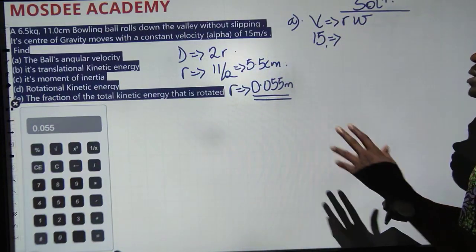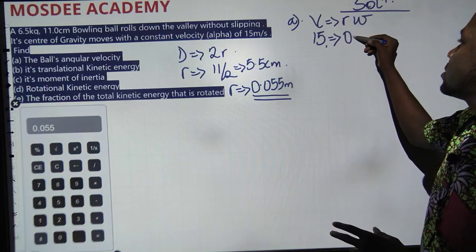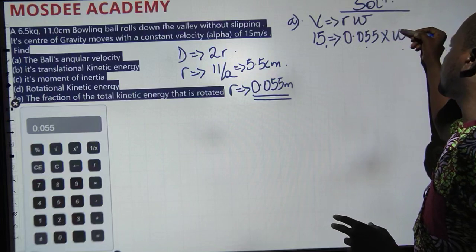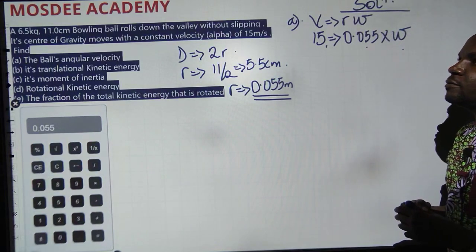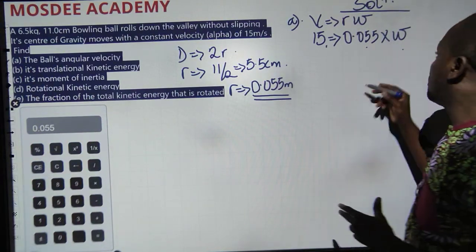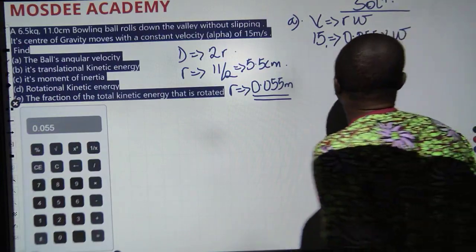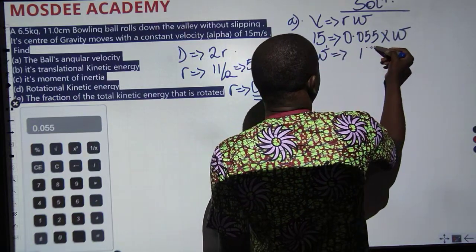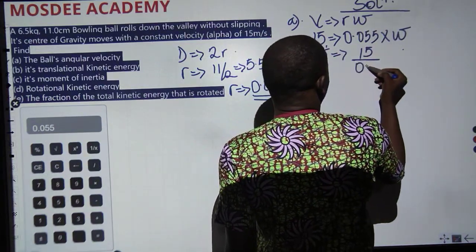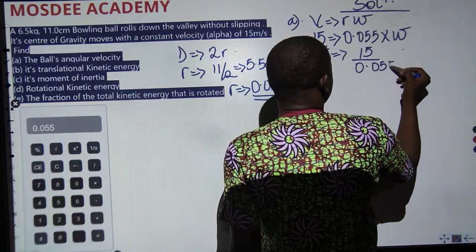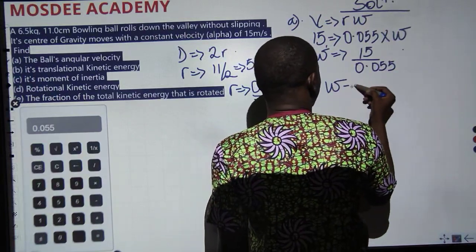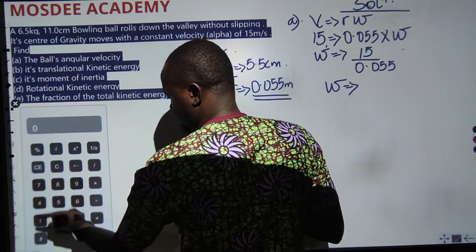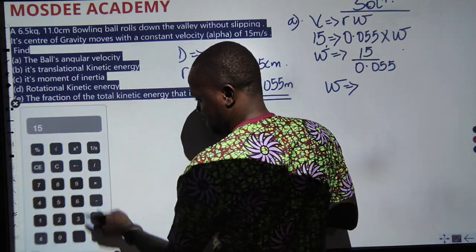Directly we can solve: 15 equals 0.055 times what you are looking for, which is the angular velocity. On simplification, the angular velocity omega is equal to 15 divided by 0.055.